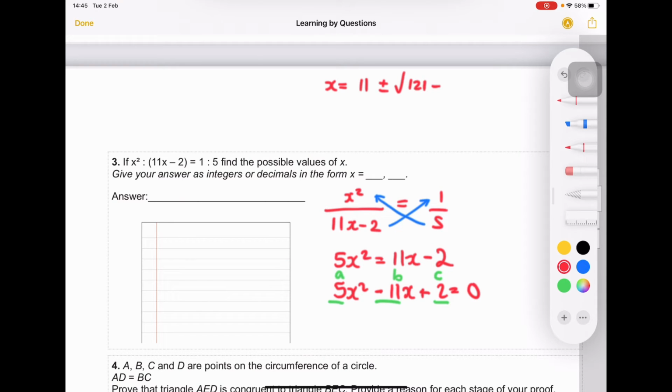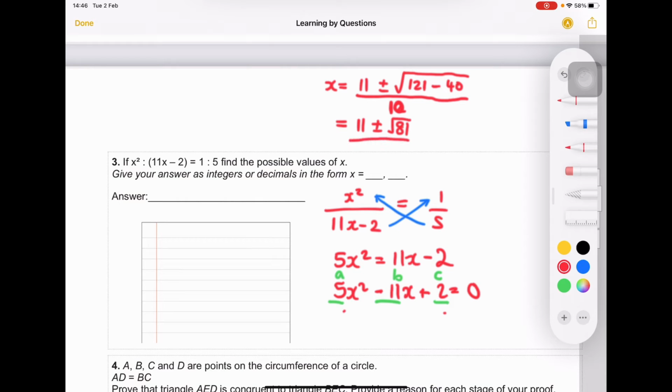Take away 4ac, so that's 4 multiplied by 5 multiplied by 2, so that would give us 40. Over 2a, so that's 2 times 5, so 10. So this equals 11 plus or minus root 81.